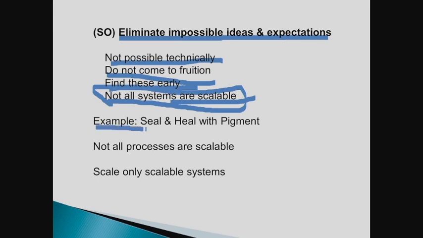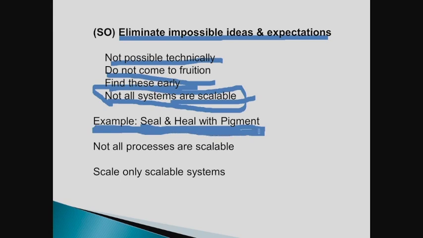I was asked by a company that was using super glue to seal cuts and wounds on your finger. They wanted to add pigment to the super glue so that when it sealed the wound, it looked the same color as the person's skin, and wouldn't be shiny.